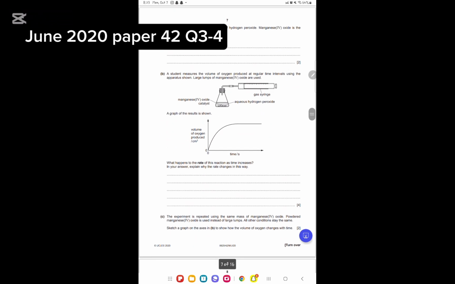Now, number 4. Oxygen is produced by the decomposition of hydrogen peroxide. Manganese IV oxide is the catalyst for the reaction. What's meant by the term catalyst?